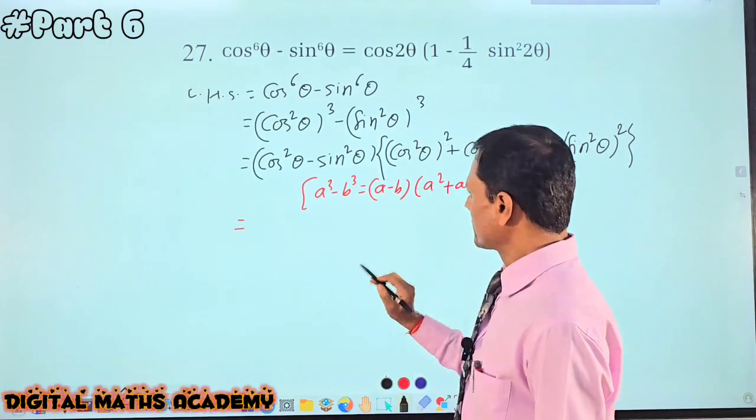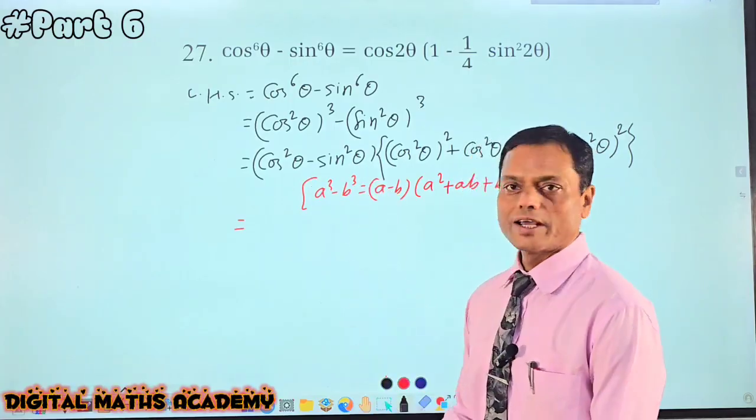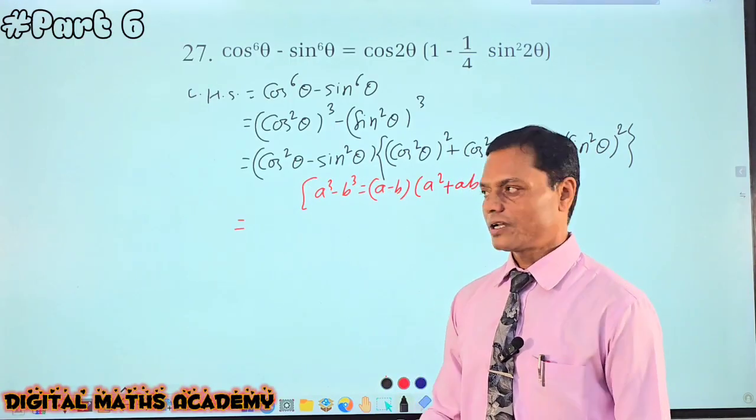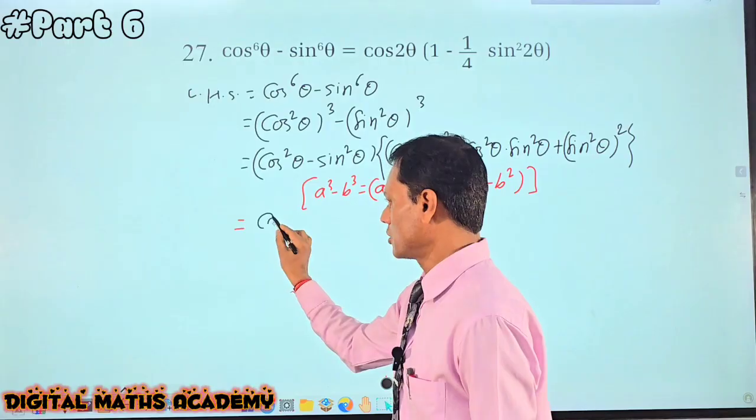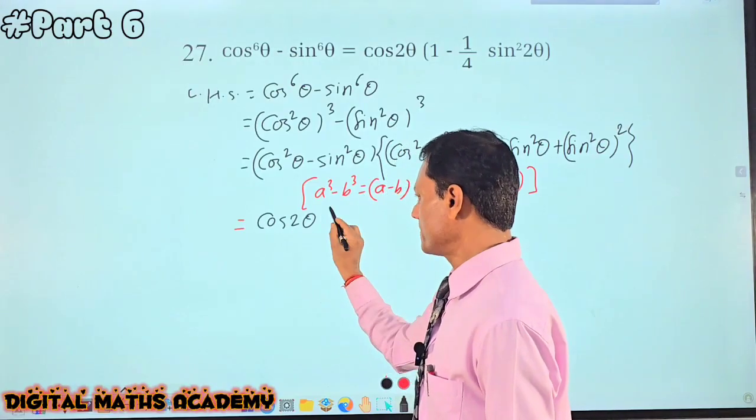As you know, cos square theta minus sin square theta gives us cos 2 theta. So we can write here cos 2 theta.